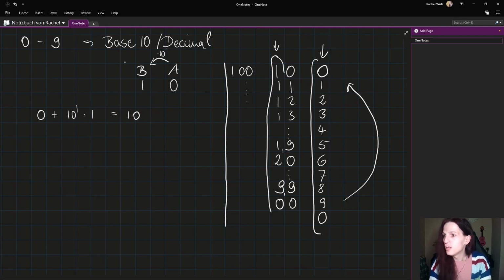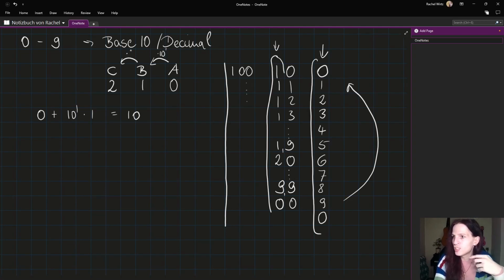What if we want to go over 99? Well, we introduce a next byte of our imaginary bytes and say, okay, I want to say 210, right? Then I place a 2 in the C byte, and what I do now is I don't multiply by 10 to the power of 1, I multiply by 10 to the power of 2.